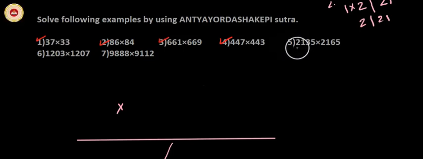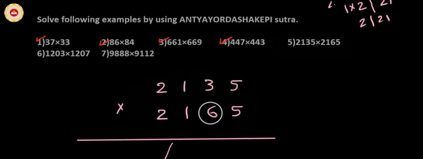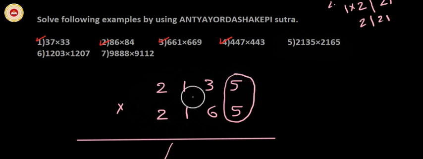Fifth example, 2135 multiplied by 2165. Now friends, observe these two numbers properly. The first condition is that the sum of the last digit or digits should be 10 or its powers. In this case, the sum of the last digit is 10, but the remaining higher place digits are not identical.